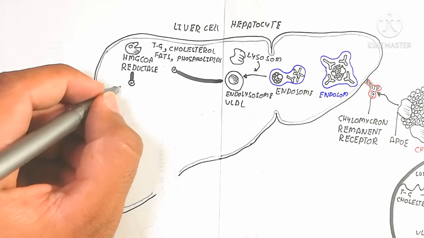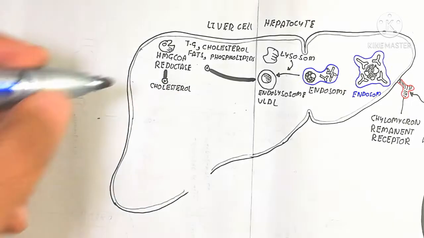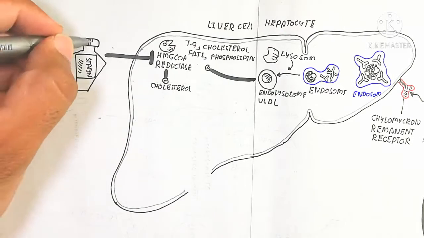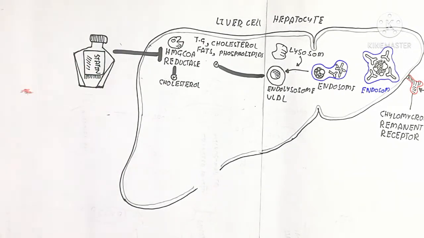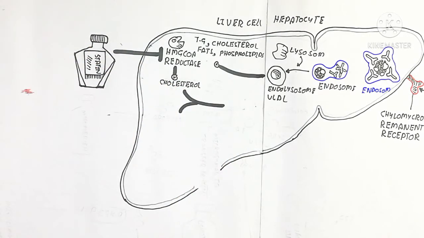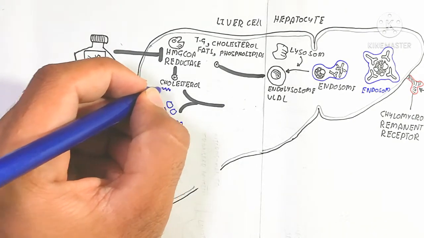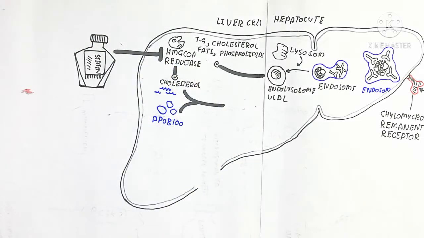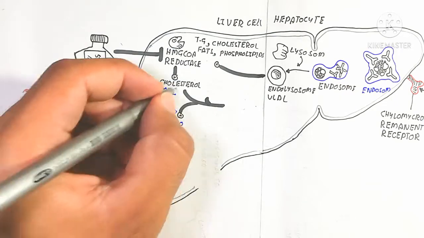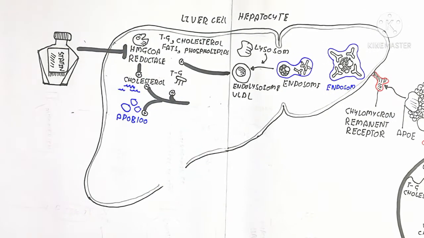So how is it possible? Let's talk. The HMG CoA reductase enzyme is used to convert acetyl CoA to cholesterol. The inhibitor is the statin, which inhibits the production of cholesterol. This inhibition lowers cholesterol and very low density lipoprotein. So this inhibitor is a lowering agent, a drug that lowers cholesterol formation.